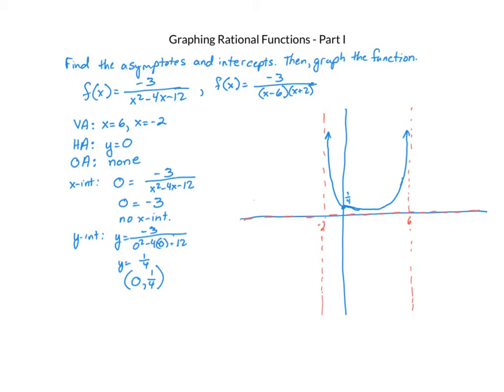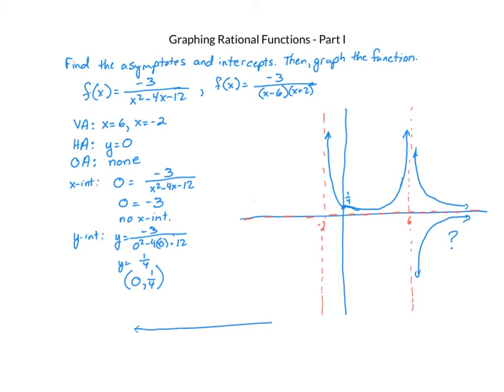I need to know whether the graph is above the x-axis or below the x-axis. And because it must approach those asymptotes, I know it must look like this or it must look like this. Which one is it? Well, here's where interval testing can come into play. Remember our interval testing.